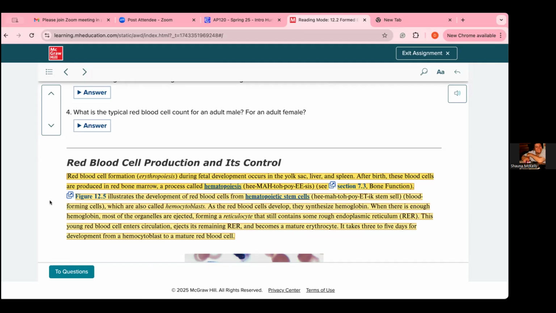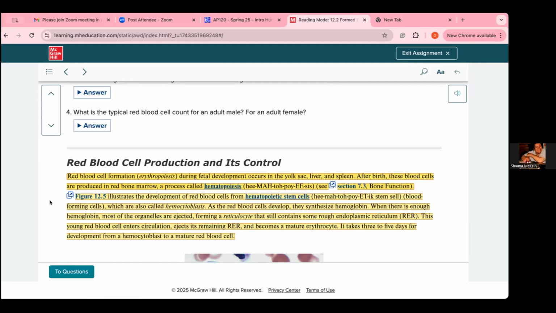Okay, so this young red blood cell enters circulation.